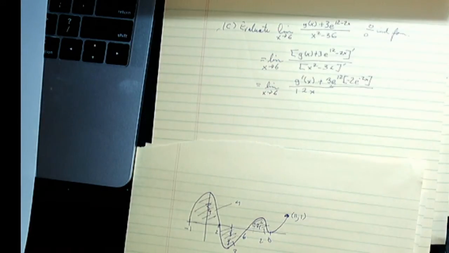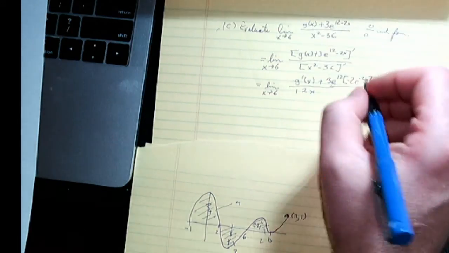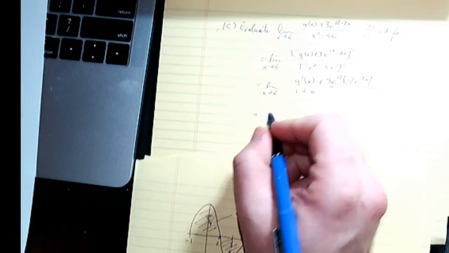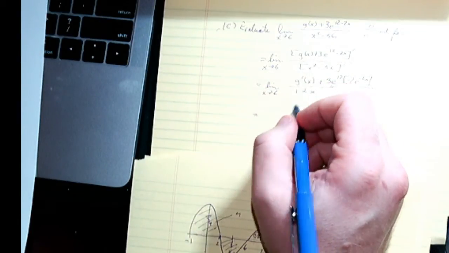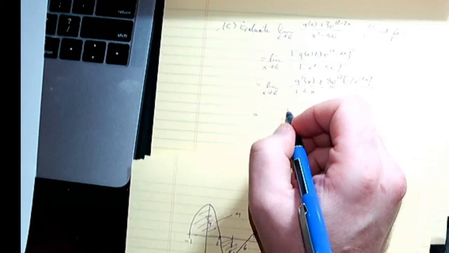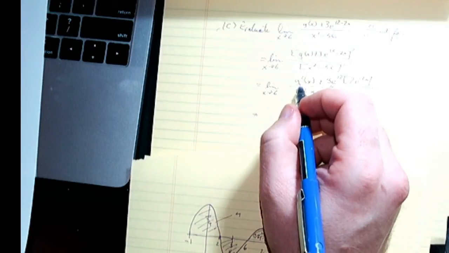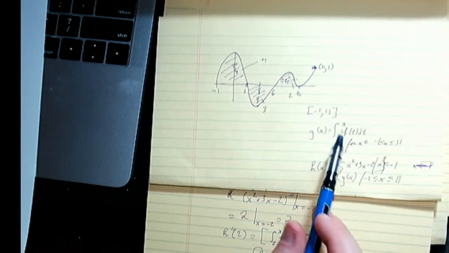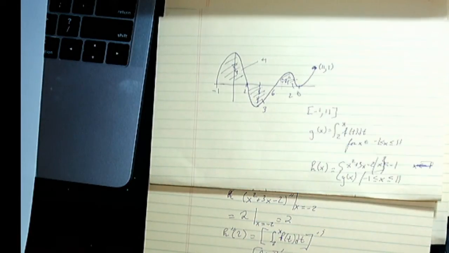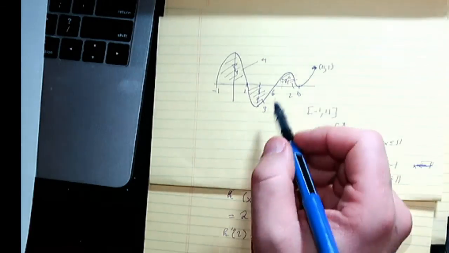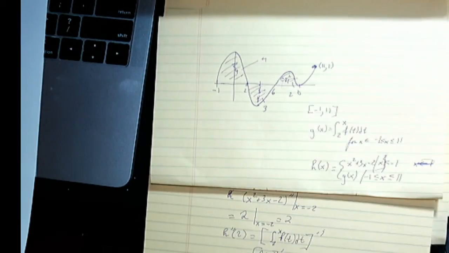So the cool thing is this is something now we can plug into. So what are these things? Well, let's try evaluating this at 6 for a second, see what we get. G prime, well remember, G is defined as the integral from 2 to x of f of x. So the derivative is just f at that point. What's f of 6? 0.